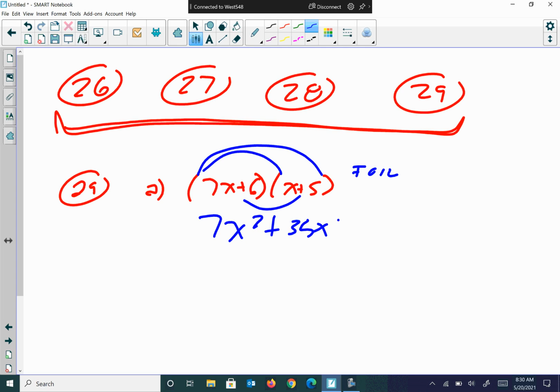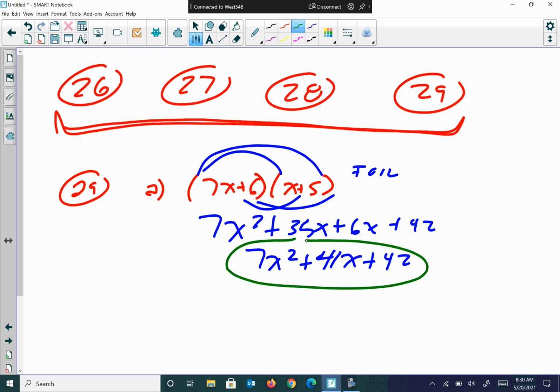So use the process of elimination? Yeah, I'm just showing you how to go through the answers. If you're like, okay, I'm stuck. Number 29's problem is 7x squared plus 29x minus 30. Is this the same answer as the original problem?